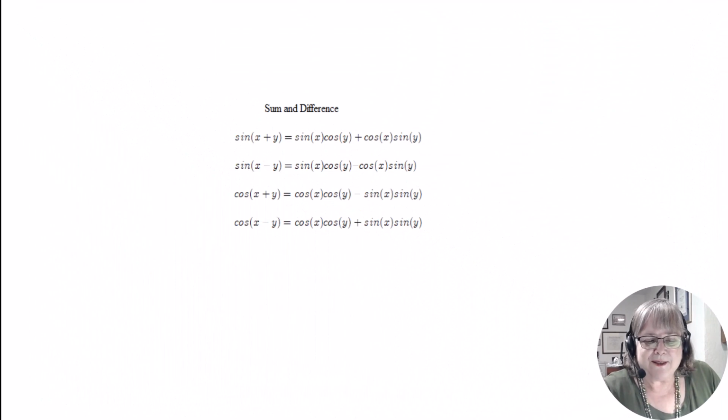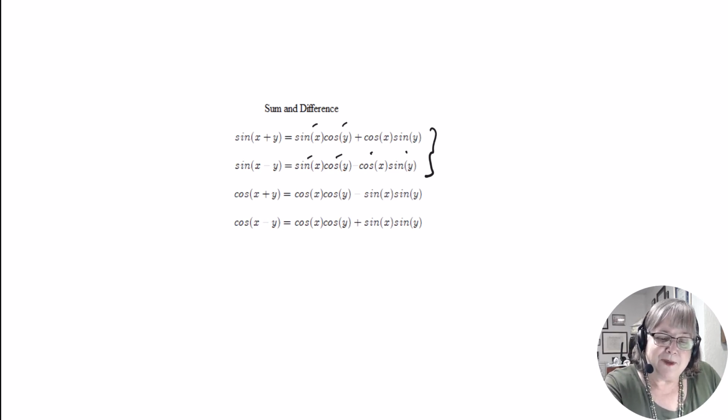If you have sine of x plus y, see the pattern: for sine of a sum and difference, it goes sine, cosine, cosine, sine. And the sign in the middle matches. If it's plus originally, it's plus in the middle. If it's minus, it's minus.